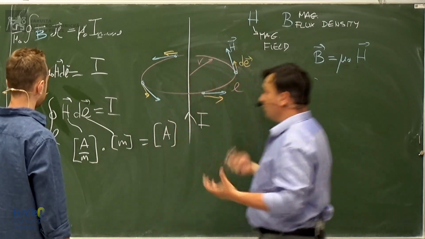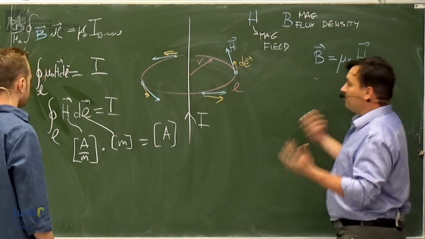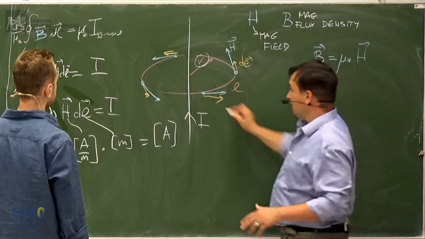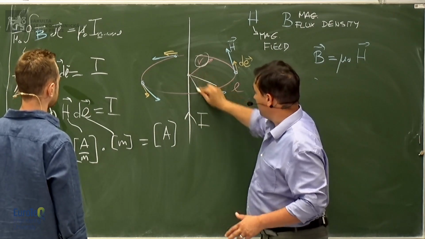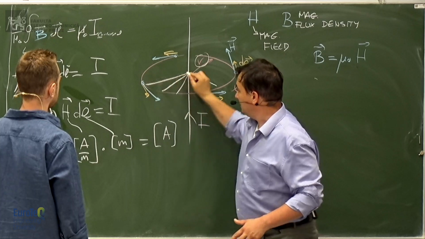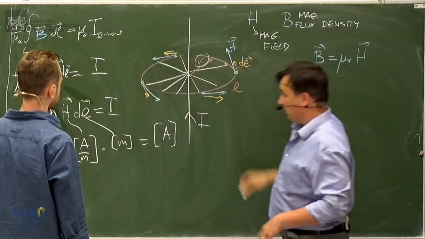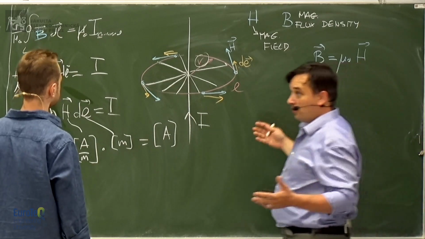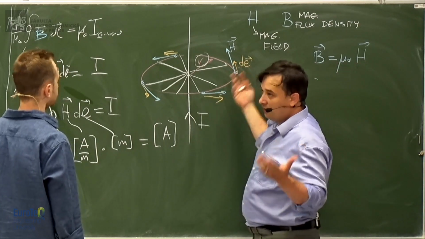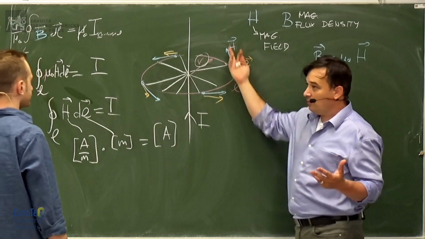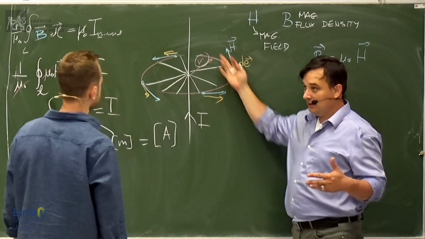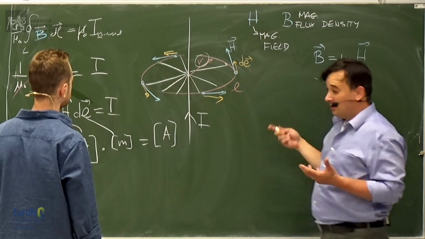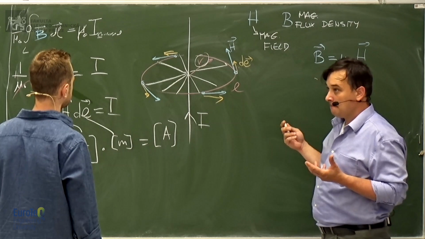So what you're doing is, for instance, let's say that you have a circumference of radius R. This means that all the points are at the same distance from the center. So the amplitude of H will be the same, and the direction will be tangential in any point. How can we find out the amplitude of the magnetic field here?